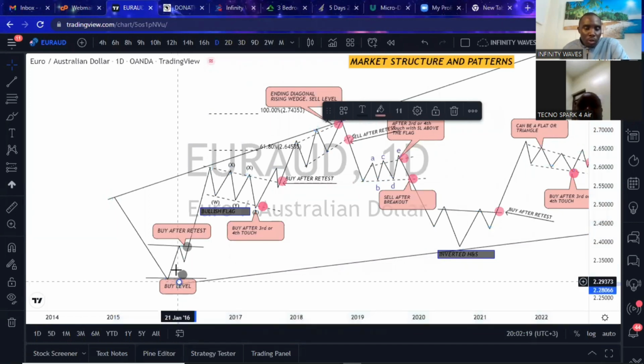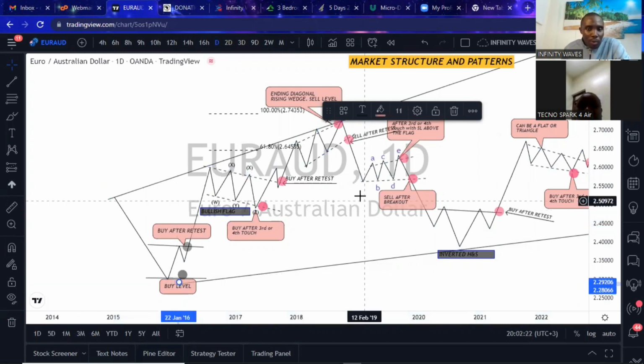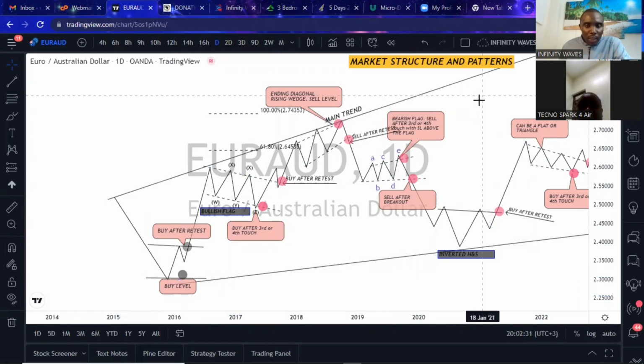So how do you know that this structure is coming to an end, or how a breakout is supposed to be traded? Because you can be drawing a line, the lines can be very perfect, but the market won't obey that line exactly as it's supposed to. The market just goes against the line. So you must know if it's a clear breakout or a fake breakout before you actually begin your analysis.